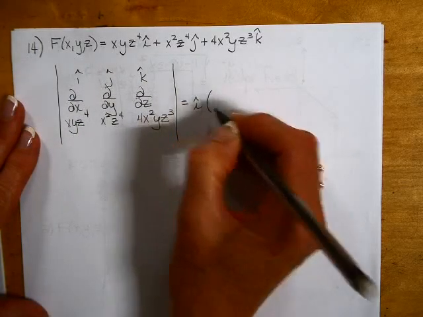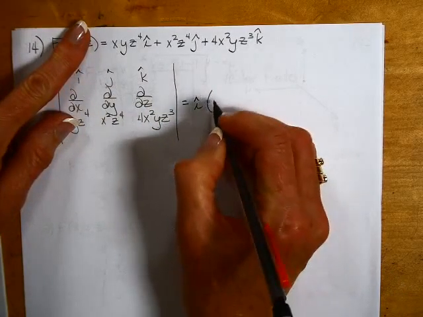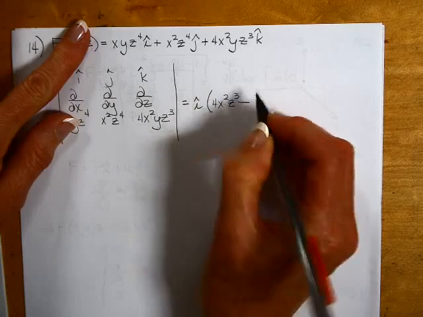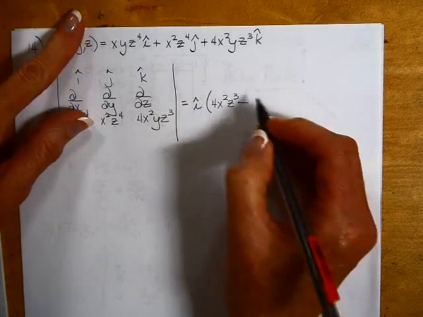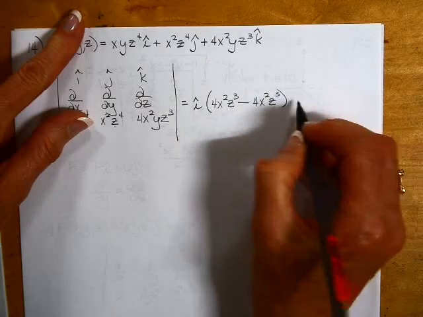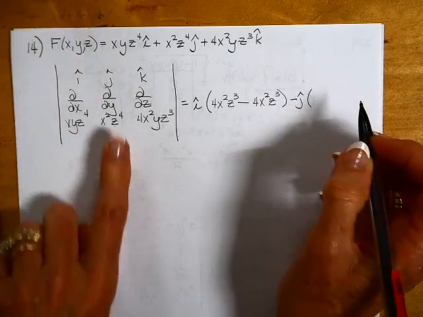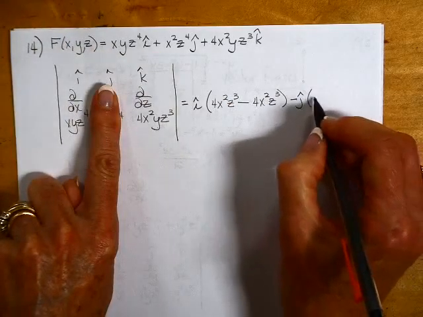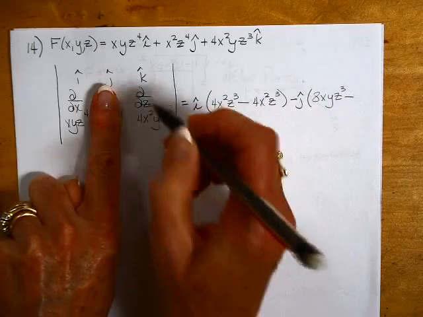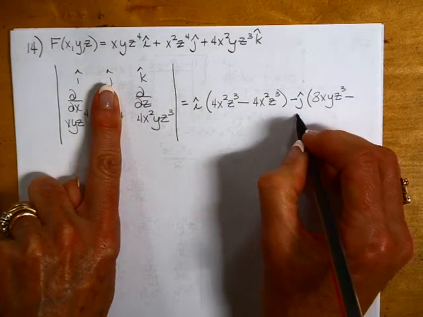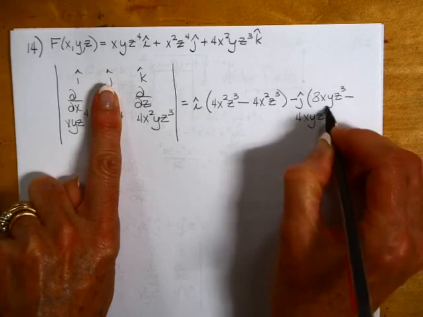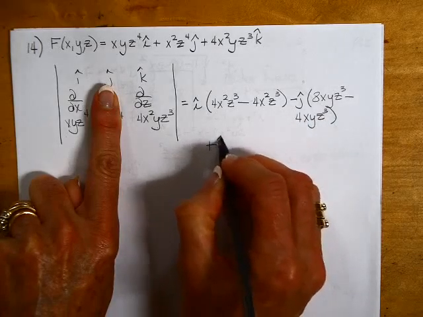All right, so i, partial with respect to y, is 4x squared z to the third minus the partial with respect to z, which is 4x squared z to the third, minus j. Partial with respect to x is going to be 8x yz to the third, minus the partial with respect to z, which is going to be 4x yz to the third, plus k.